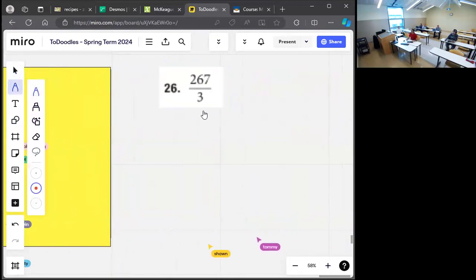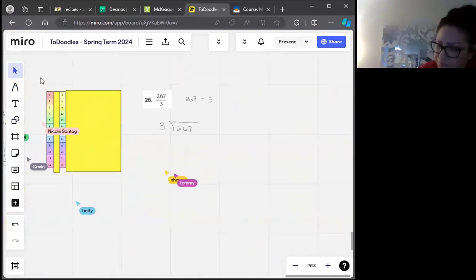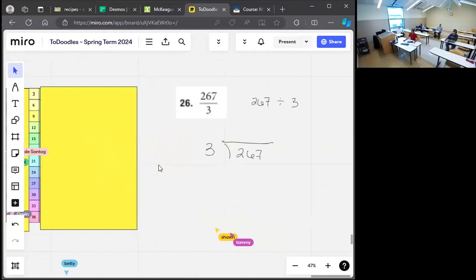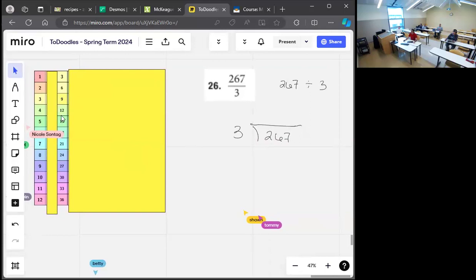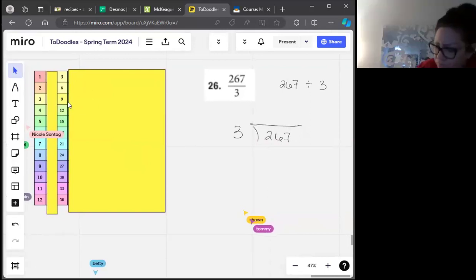We could also write this as 267 divided by 3 as an expression, or we could write it as long division. 3 goes into 267. Okay, I'm going to just put the screen like that. And the reason I picked this one is we could use the same 3's column as we have over there.